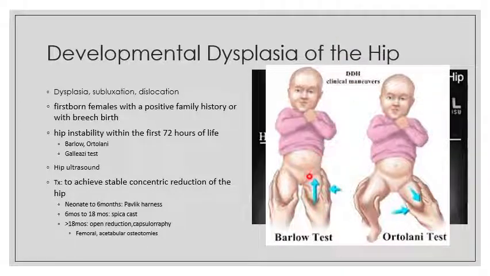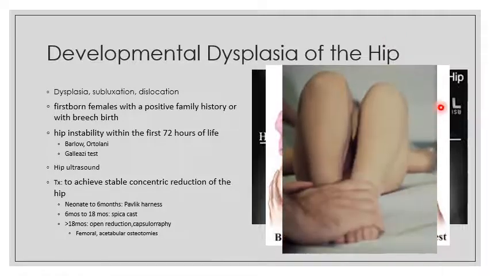So Barlow again, you try to dislocate a dislocatable hip, while Ortolani you reduce a dislocated hip. And there's also the Galeazzi test where you can see an apparent limb length discrepancy because of a dislocation of the hip.